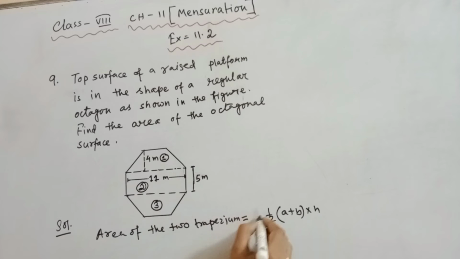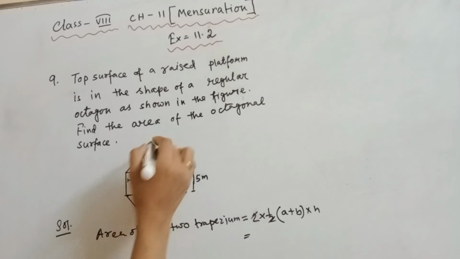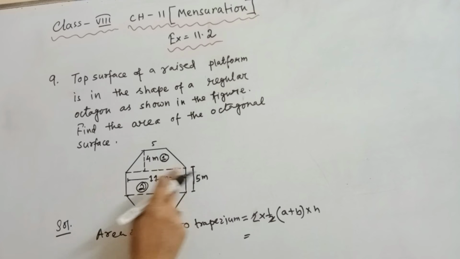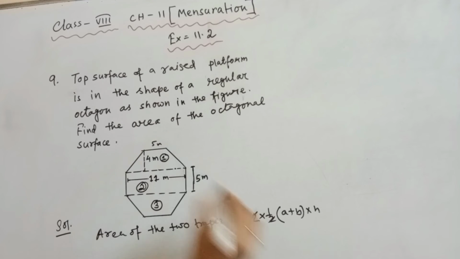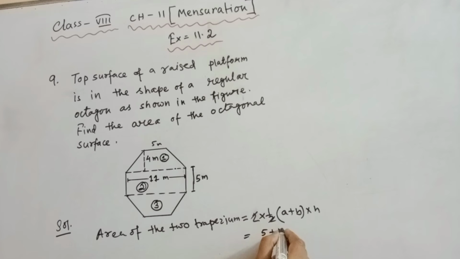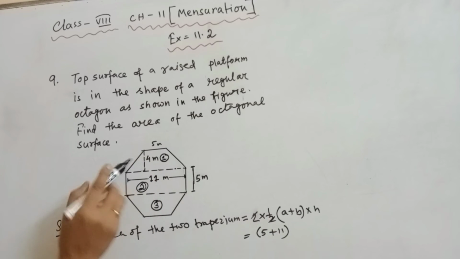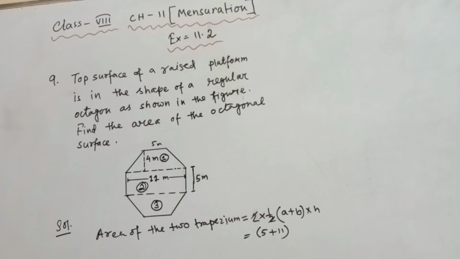As two trapeziums are there, so into 2. Now 2 you can cancel. So a plus b means sum of the parallel sides. You know this one is 5 and the length of this one is given 11, it is 5 meter, so 5 plus 11, and height is given here 4 meter. You can see that in this diagram height is already given, 4. So 4 into 4 meter square, 5 plus 11 is 16, into 4 meter square, 64 meter square.